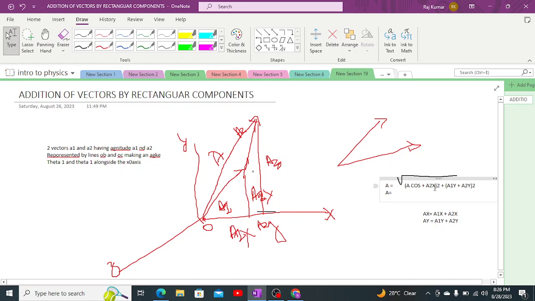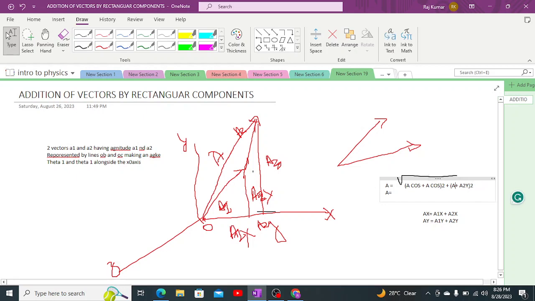I'm unable to write theta here as there is no symbol available, so a1x is equal to A cos theta 1 and A2x is equal to A cos theta 2.